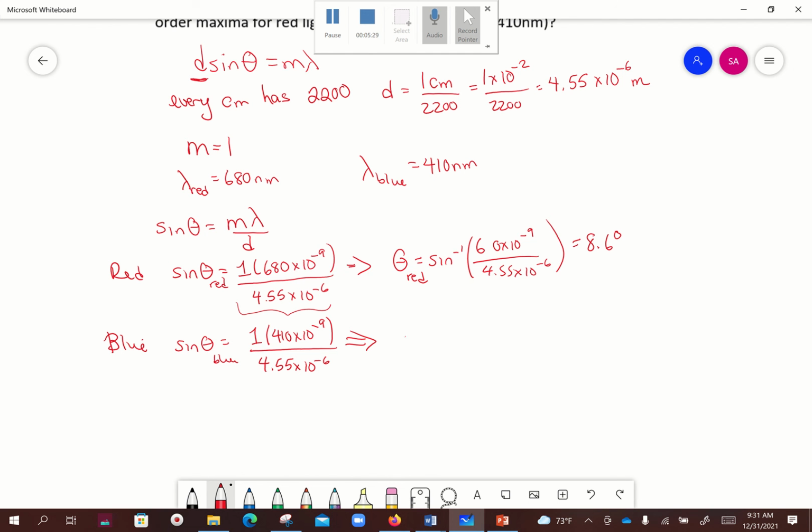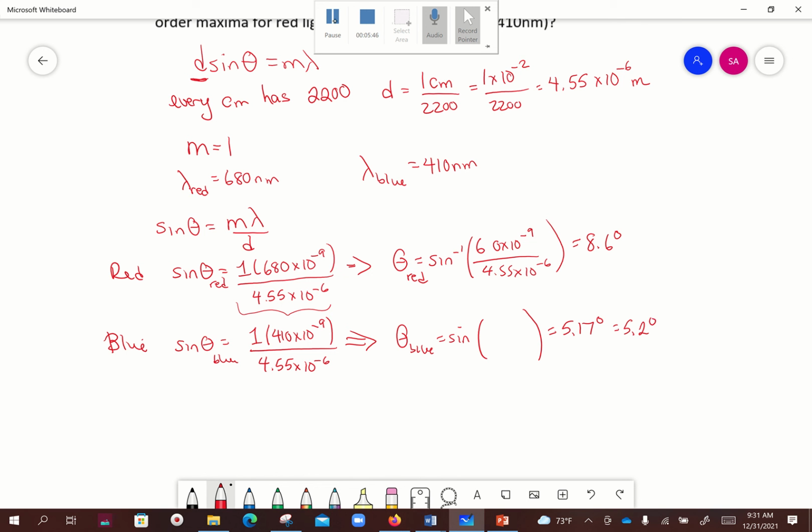So I get theta blue is going to be equal to the inverse sine of that. And so I get 5.17 degrees, let's say 5.2 degrees.